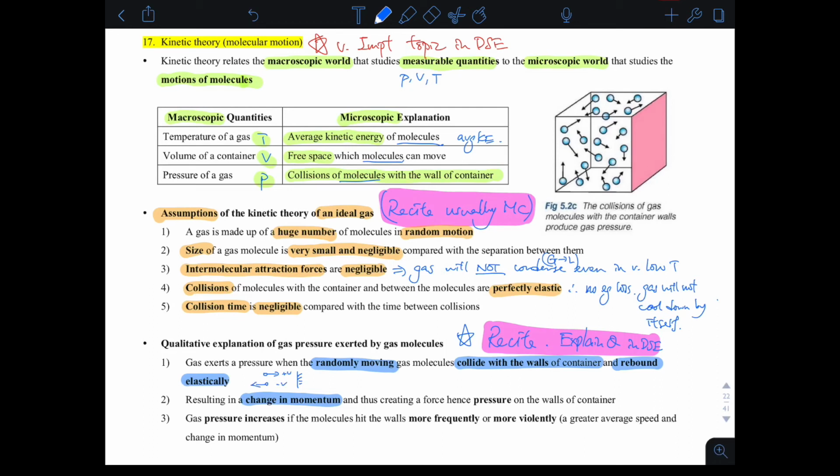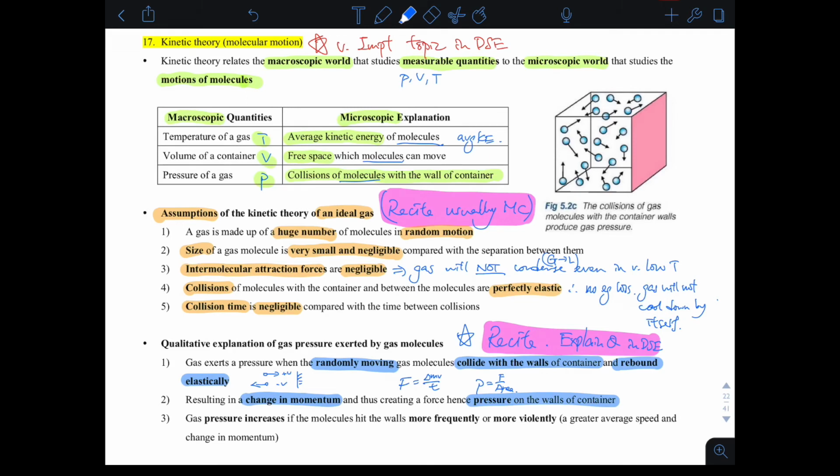After hitting the wall, it is moving with negative v, so that we have a change in momentum. And a change in momentum will create a force, because force is equal to change in momentum over time. Hence, it will create a pressure equal to F over the area, so that this will create a pressure on the wall of the container.